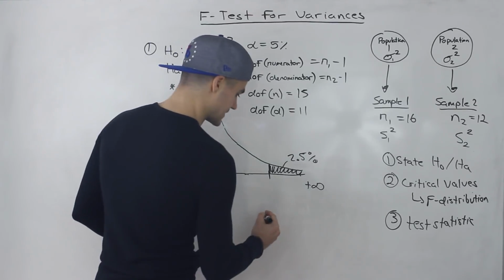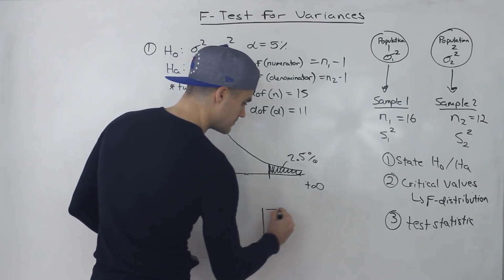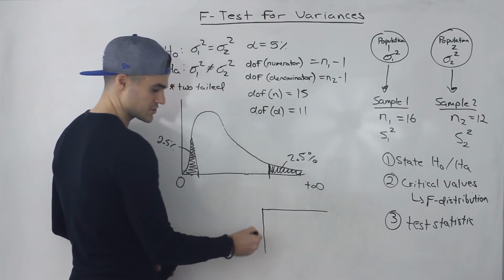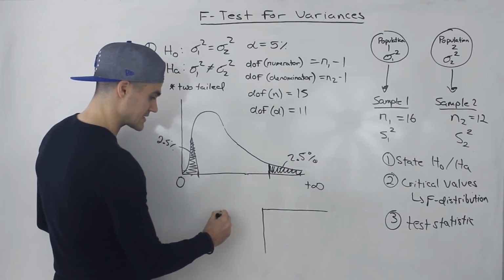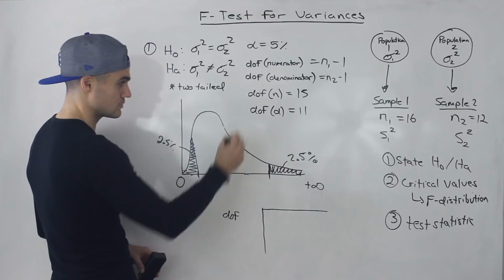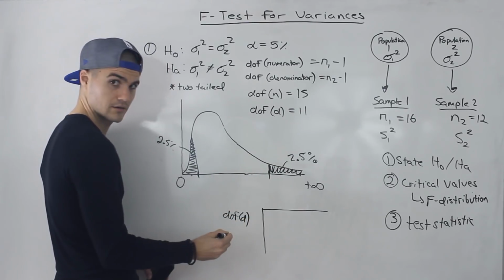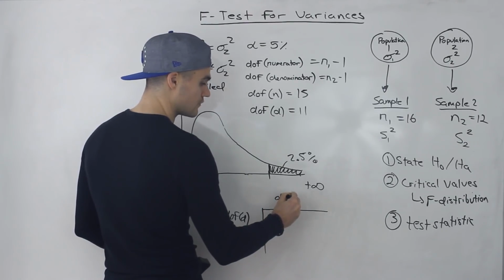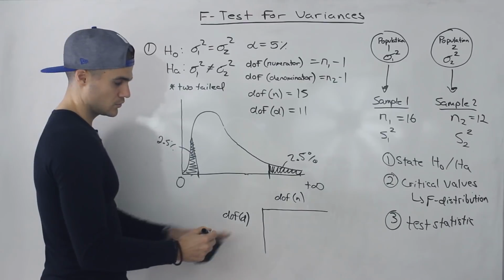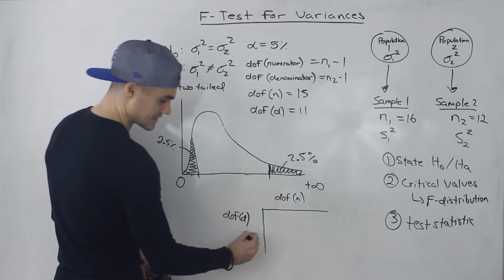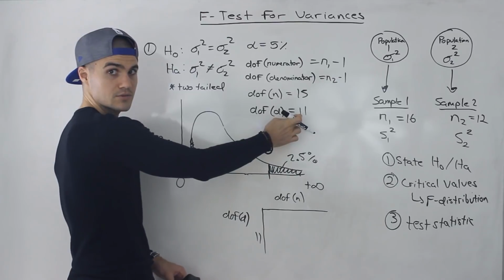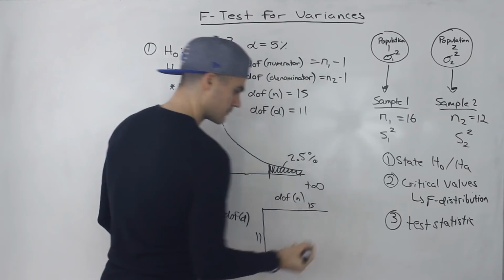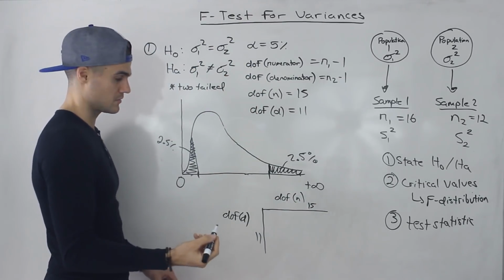And then what you're going to see in the table is there's going to be certain columns, there's going to be certain rows. And the rows here are basically related to the degrees of freedom of the denominator. Right? While up here, it's going to be the degrees of freedom of the numerator. And so what you want to look for in the table is the 11th row, because that's the degrees of freedom of the denominator, and then the 15th column, because that is the degrees of freedom of the numerator.